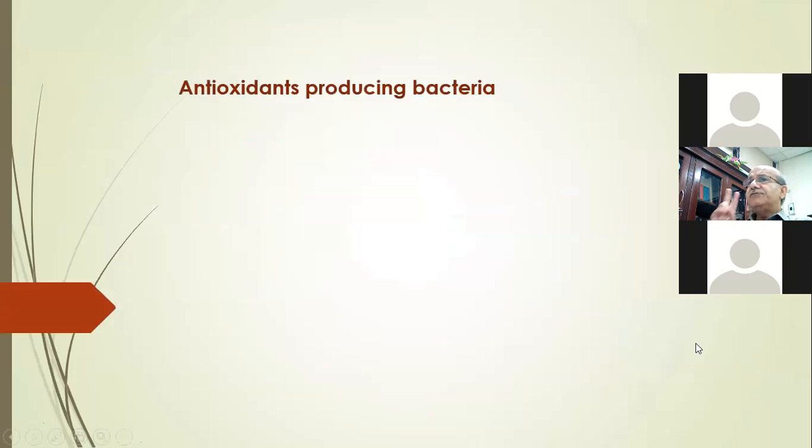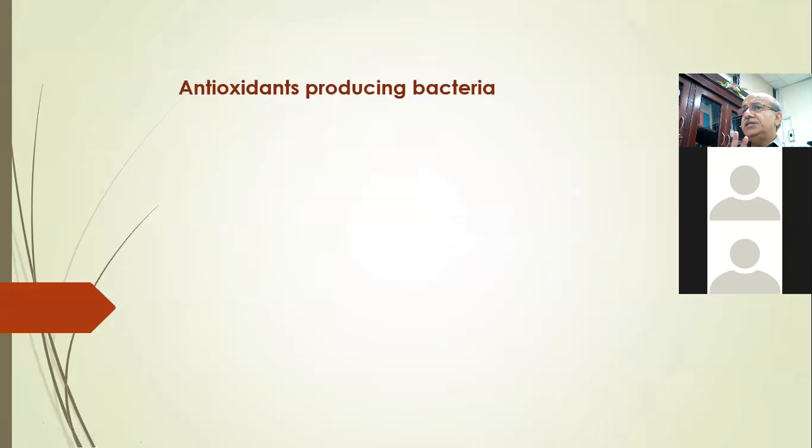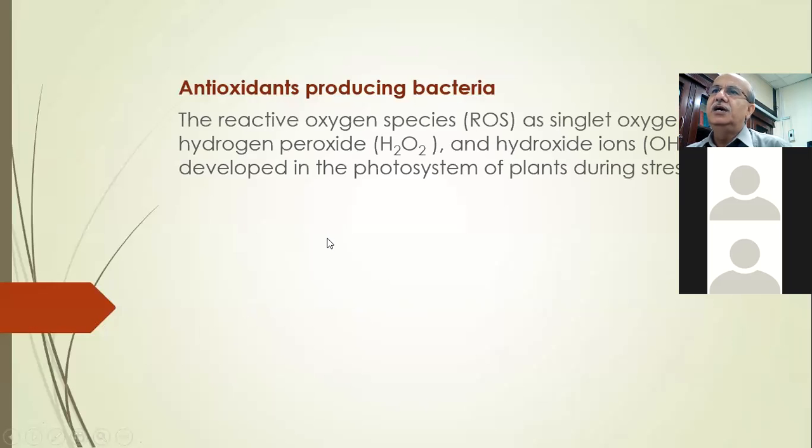Then we have studied two mechanisms under stressful conditions. One was the exopolysaccharide production, second was the ACC deaminase, and third one is the antioxidant producing bacteria. So what are the antioxidant producing bacteria?